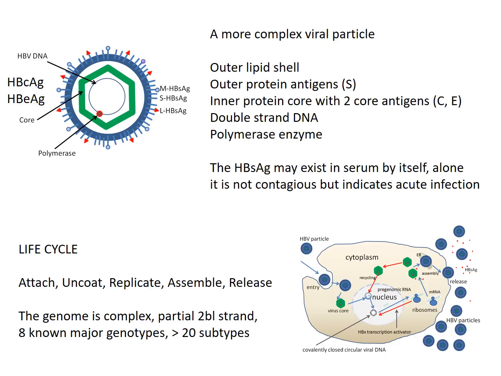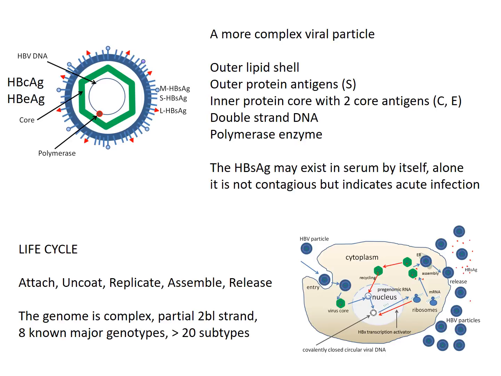The general life cycle of the hepatitis B virus is very similar to other viruses, where it has to attach to the host cell. In this case, it's going to be a liver cell or a hepatocyte. It has to uncoat and release its insides into the cell. It then has to have its nucleic acid copied and replicated. That DNA then is transcribed into the different components of the virus.